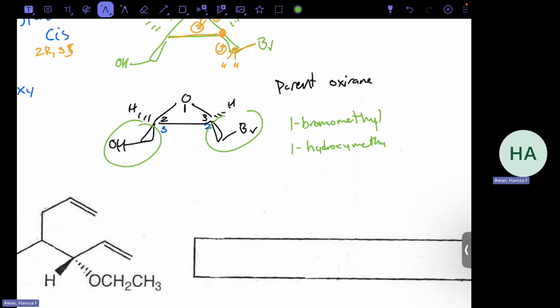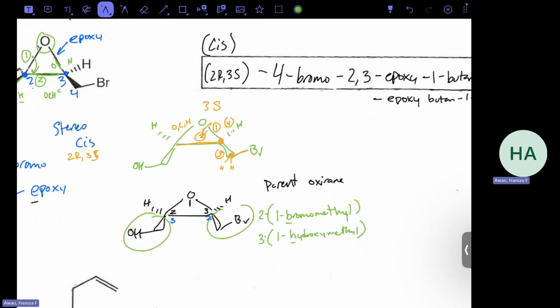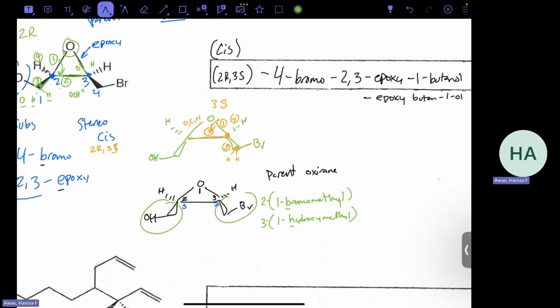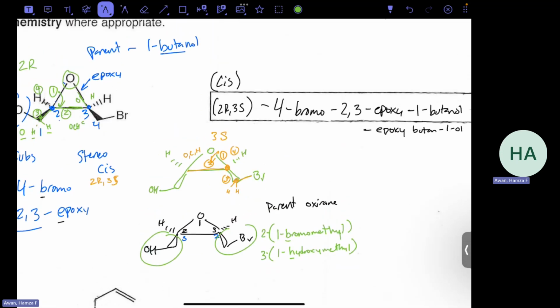But for oxirane, we're only going to be looking at alphabetical order, right? We're going to skip over that part because we are looking at substituents, right? So in this case, we have a B versus an H, right? So because B comes first, this is going to get the lower number. So this is going to be a 2,1-bromomethyl, and this is going to be a 3,1-hydroxymethyl, right?